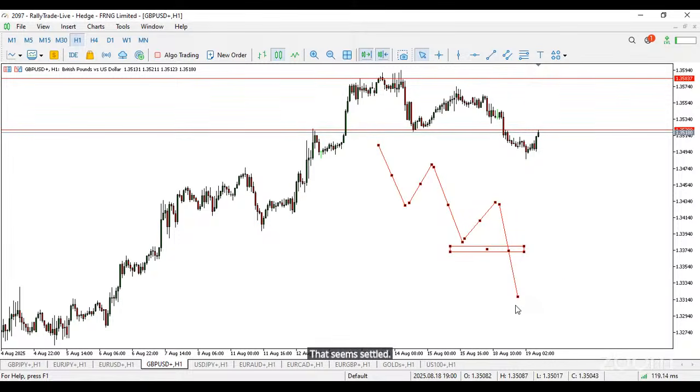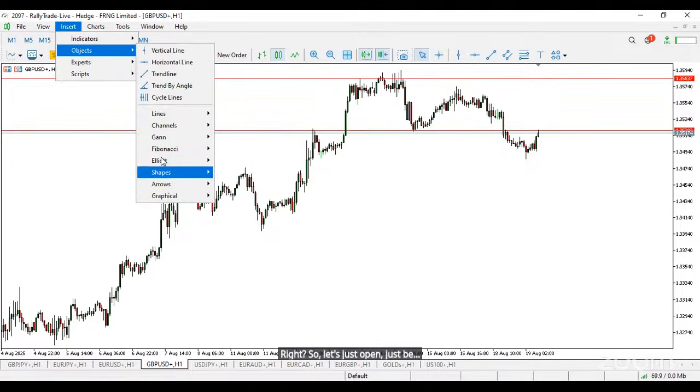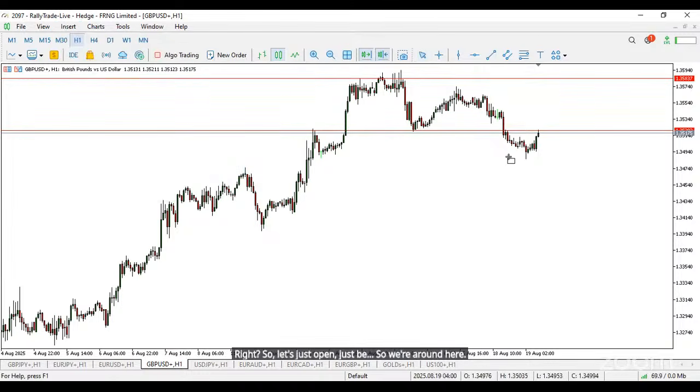So that's another way we can position for a sell on this chart using that same setup. We can position for a very fantastic sell at this level. Anytime you see a downtrend, put your sell stop below the lower low, right? So the sell stop will be somewhere around here to make our entry more precise, because we want to enter at any area that increases the probability of profit for us.